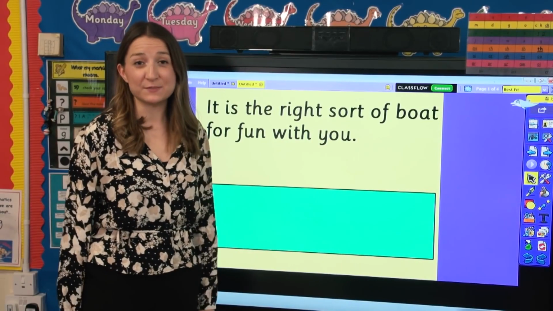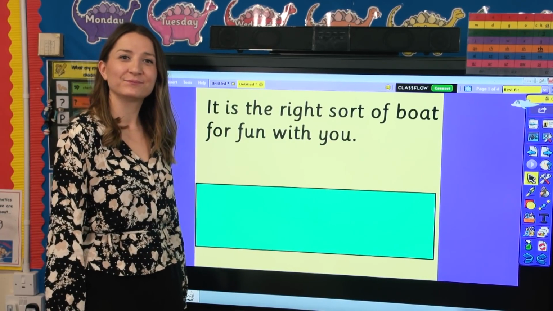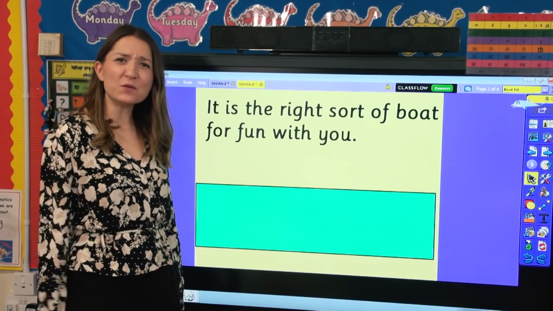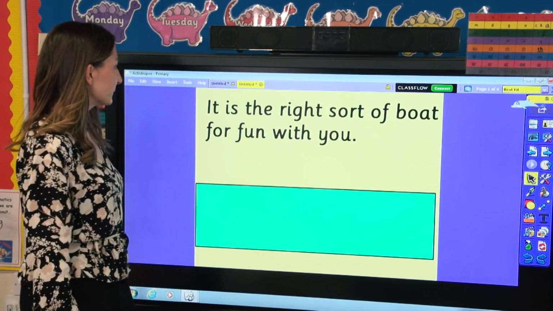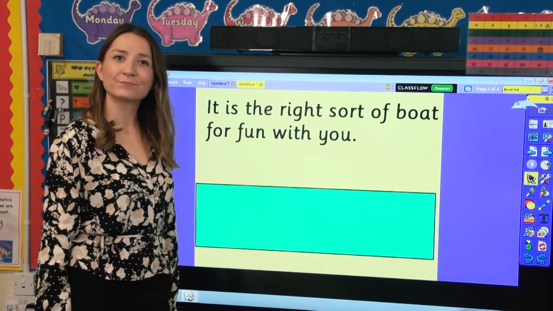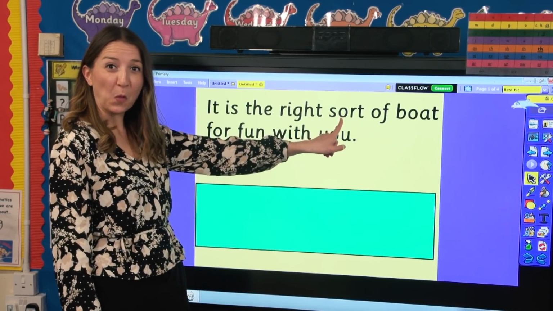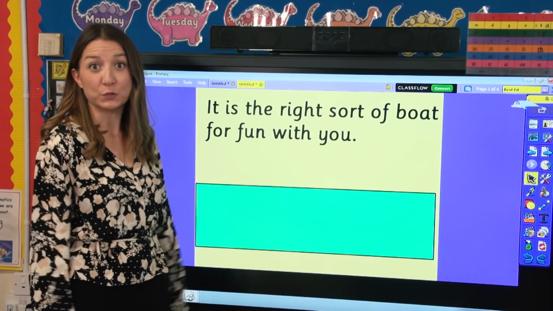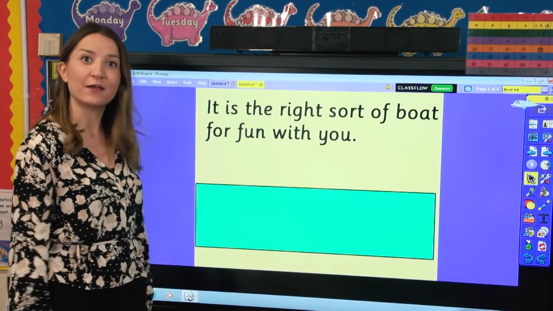Let's read some sentences with our new grapheme in it. Have a look at this. Can you see a word with our focus sound or? Yes, sort has the digraph or. I need to sort my toys. Can you see any other words with digraphs or trigraphs?